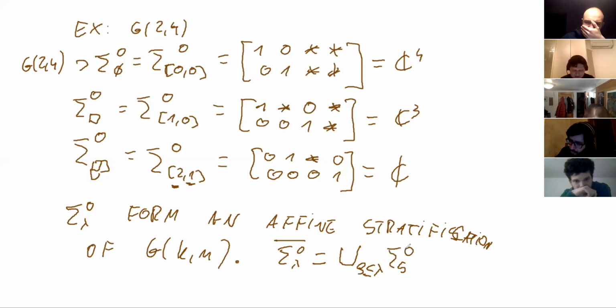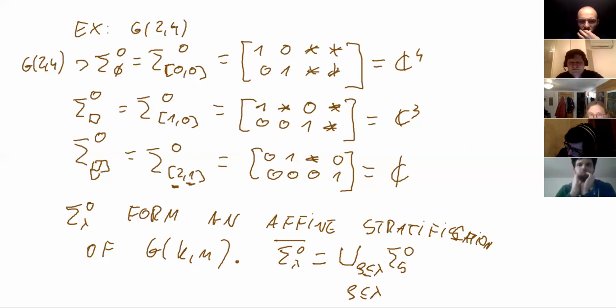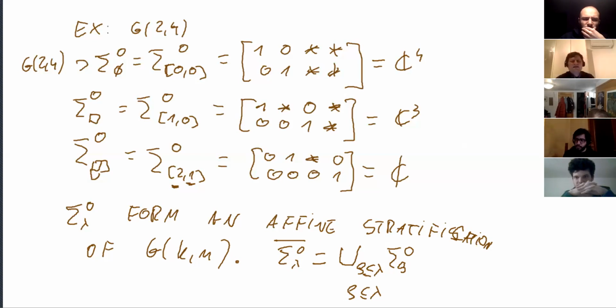Now, what does it mean that rho is smaller than lambda? It means component-wise: the first entry is smaller or equal than the first entry, the second entry is smaller or equal than the second entry, and so on. So think about why this is true for a projective space that we discussed in detail, and then for a Grassmannian, it's really not very different.